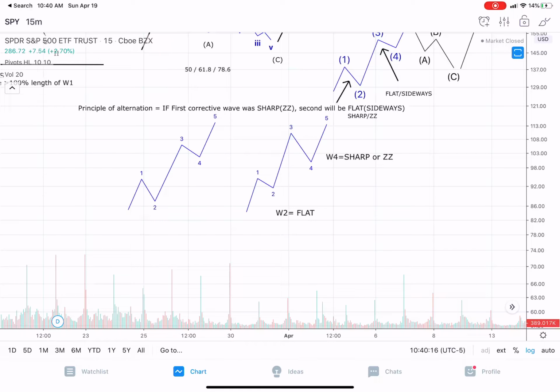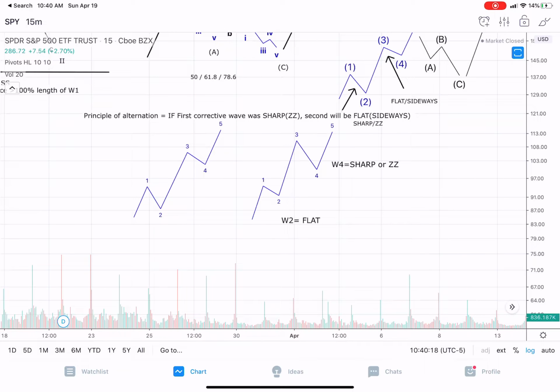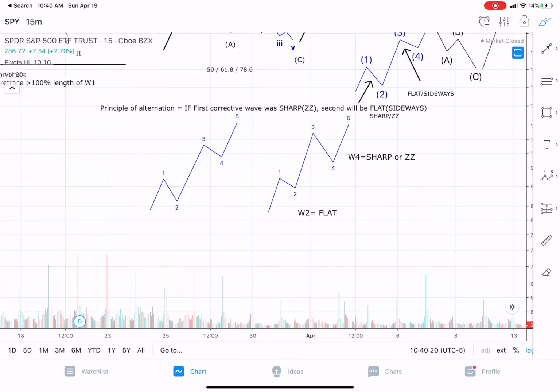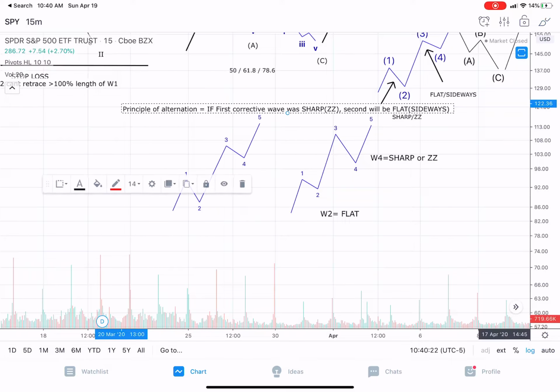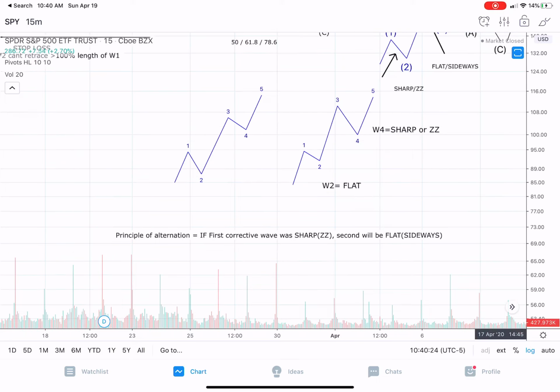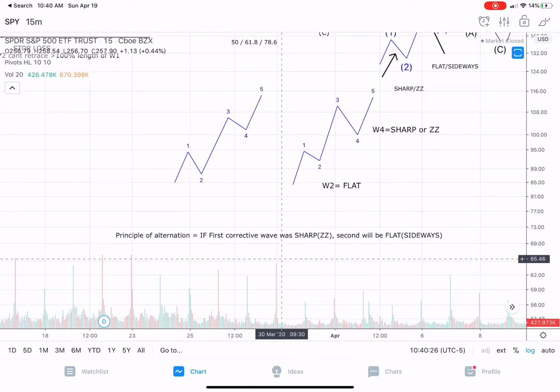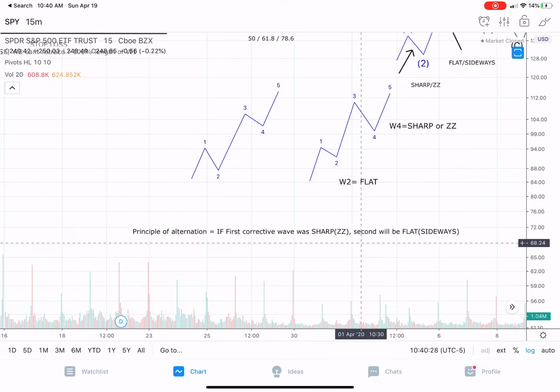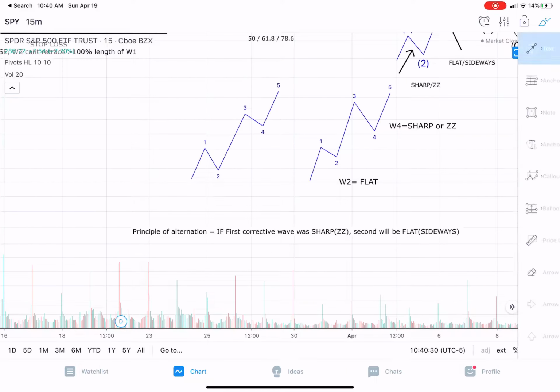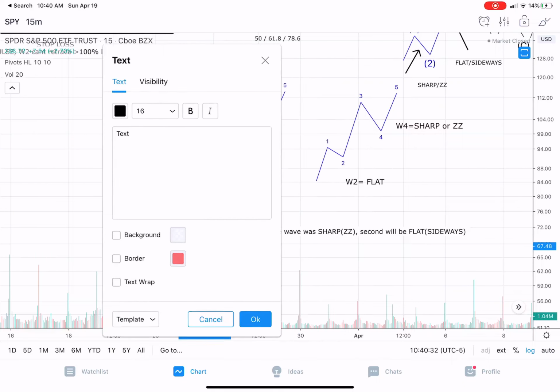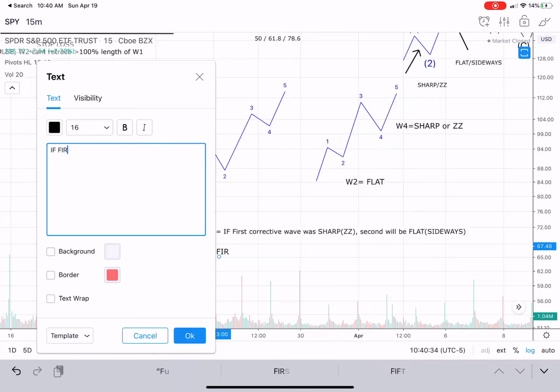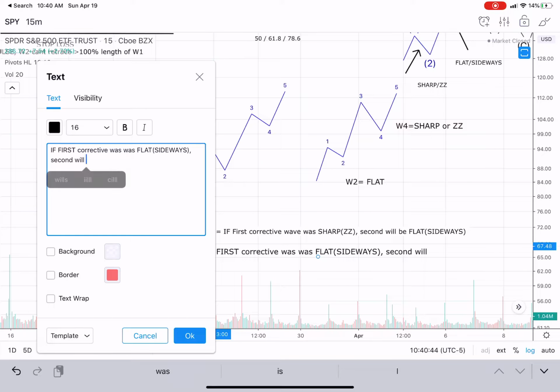You will notice a lot of times that the corrective waves have an inverse relationship. So here's the principle right here. If the first corrective wave is sharp, the second one will be flat or sideways. And the opposite: if the first corrective wave was flat, the second will be sharp, zigzag.